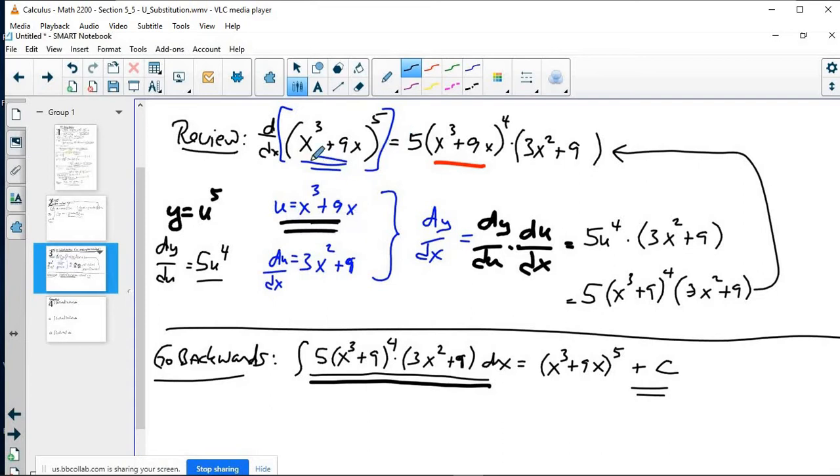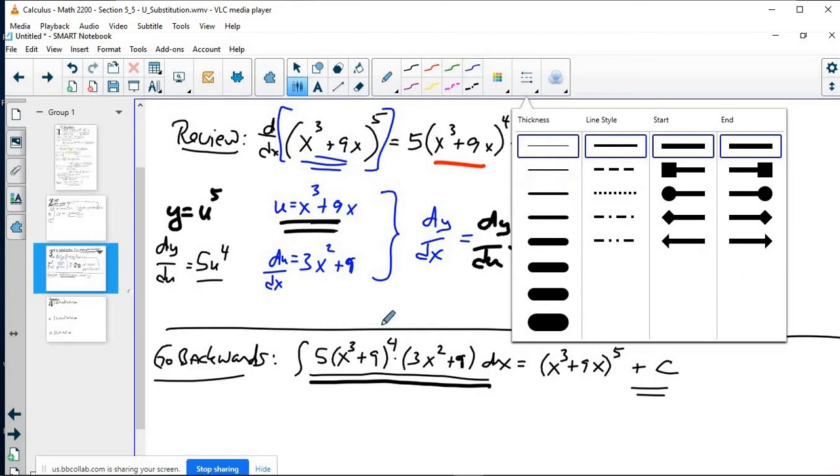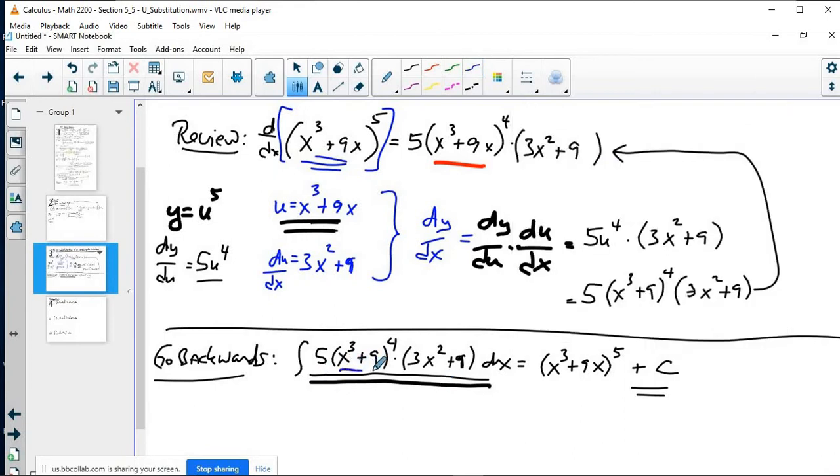Just like before, in order to invoke the chain rule, we had to know what the inside function was. So when we look at this, x cubed plus 9x is inside of another function. It's inside parentheses, but not really inside of anything else. And if I choose u to be x cubed plus 9x, because remember, there's no product rule.